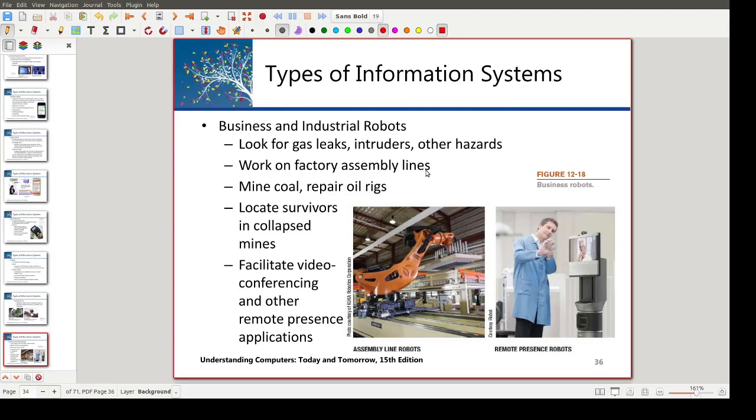And I think you have heard about the earthquake that happened in Japan 5 years ago, and they actually used robots to give evacuation instructions, and also to enter areas that are very hard for humans to enter, to look for survivors and so on.